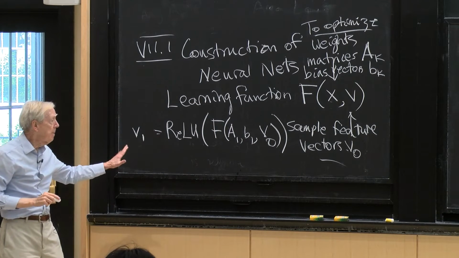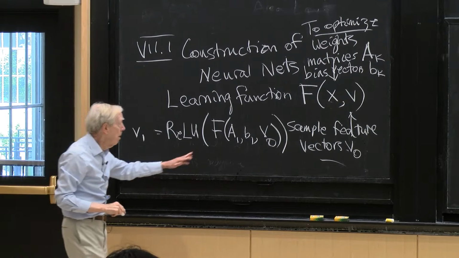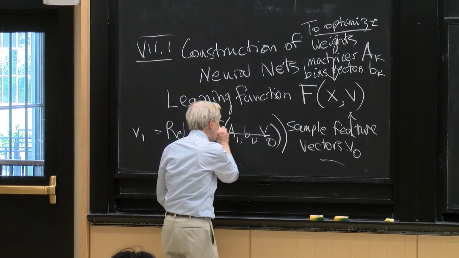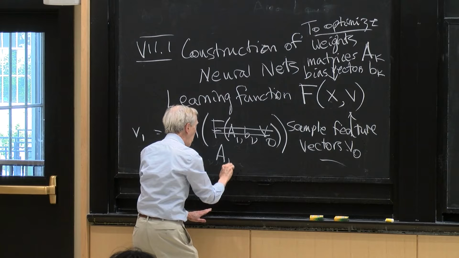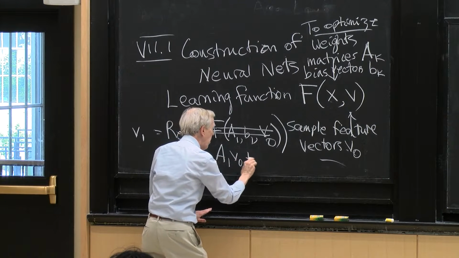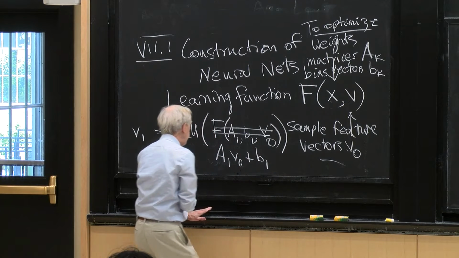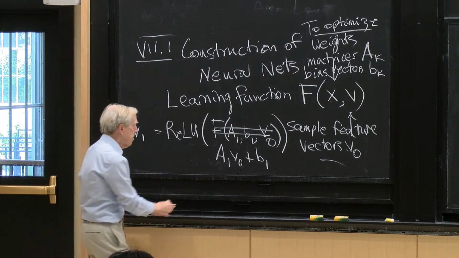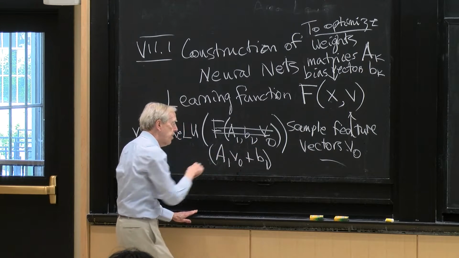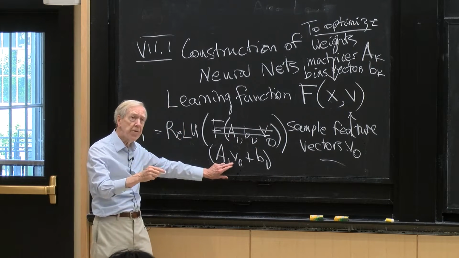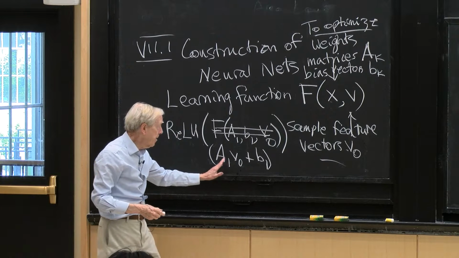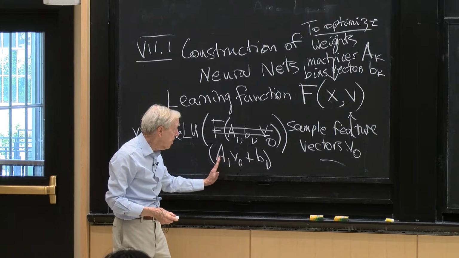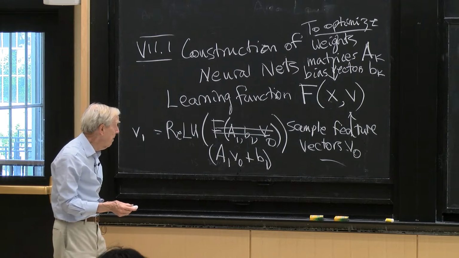So there is a typical, I could write out what this is here. A1 V0 plus B1. So that's the two steps, the linear step. The input is V0. You take the linear step using the first weights, A1 and B1.